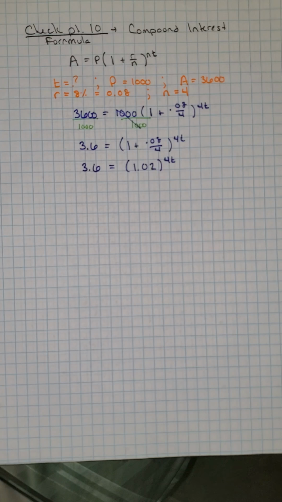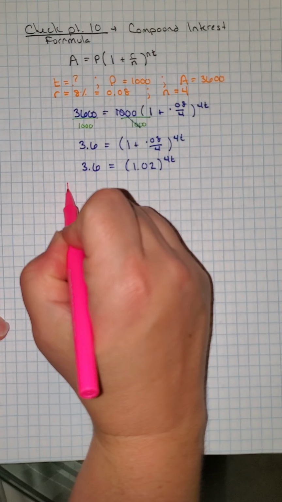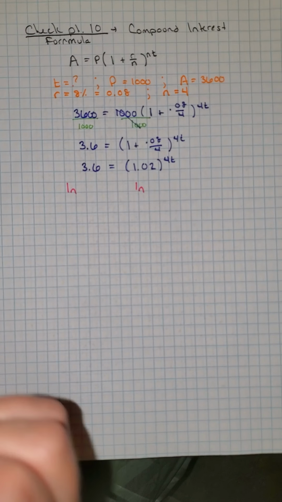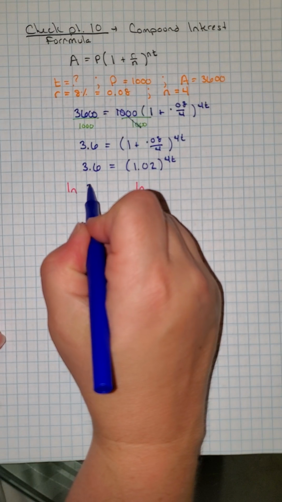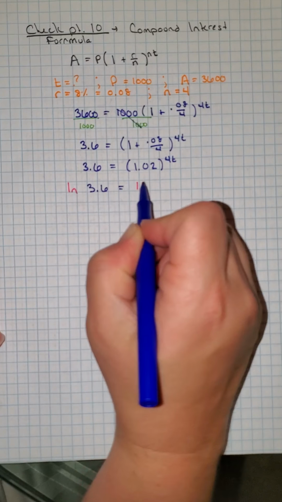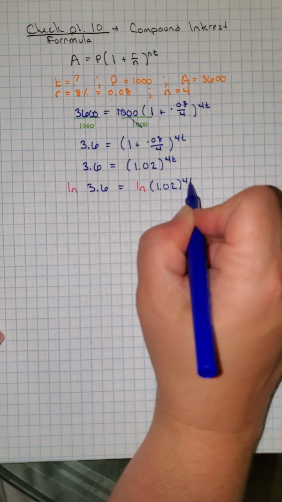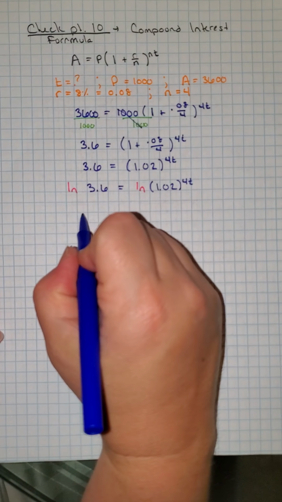So we right now have the base to the power. So this is the point where you can take the natural log of both sides. So the natural log of 3.6 equals the natural log of 1.02 to the 4t. Or regular log, it doesn't matter.